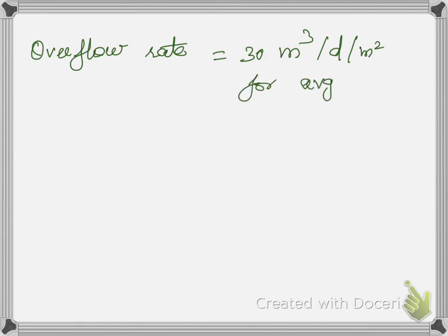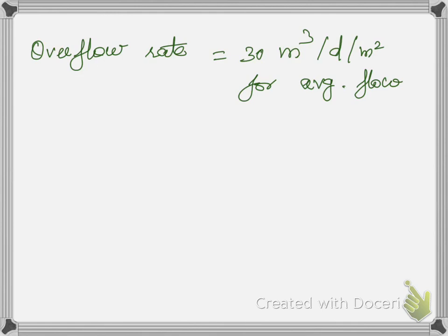Okay, so overflow rate is 30 meter cube per day per meter square for an average flow. So this is also an assumption. Okay, so what is this overflow rate? This surface overflow rate is a very important factor because it affects the effectiveness of the sedimentation process.